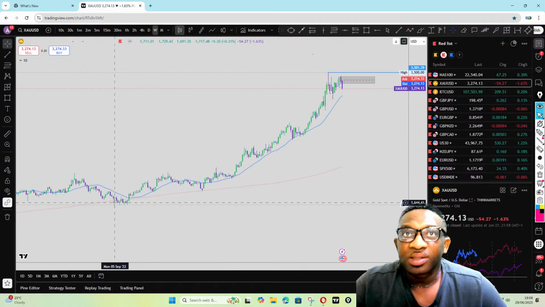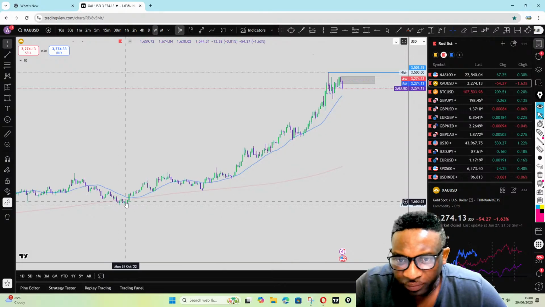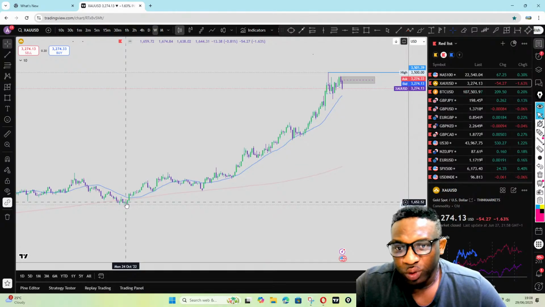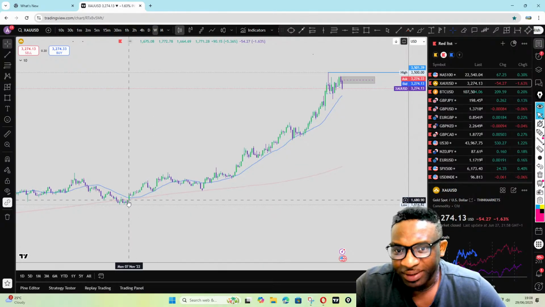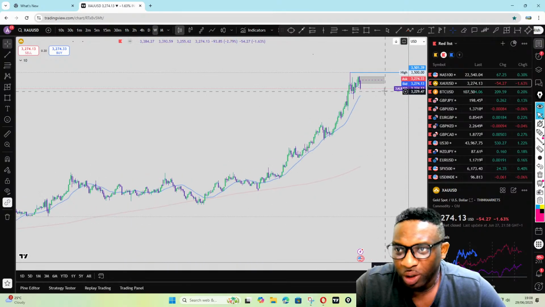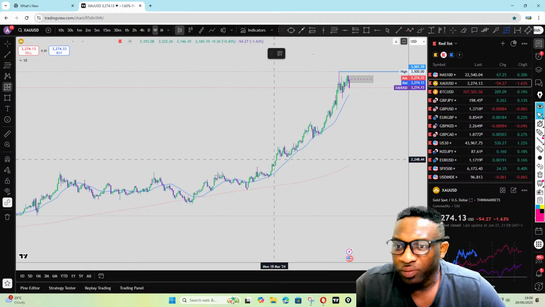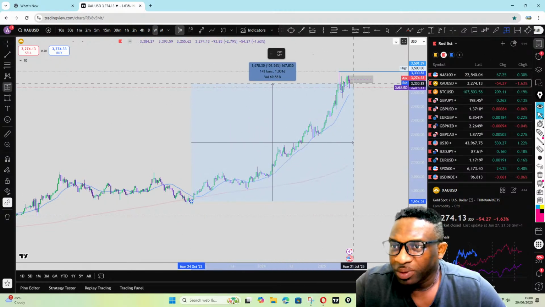Price has been in this upward move right from here. That's from Monday, 22nd of October, when this move started to the upside. So we've made quite some move since then.